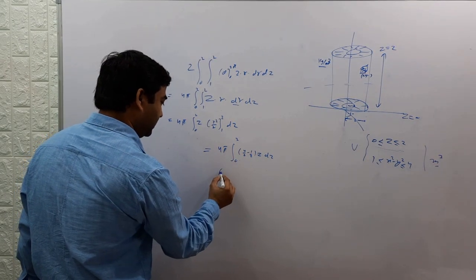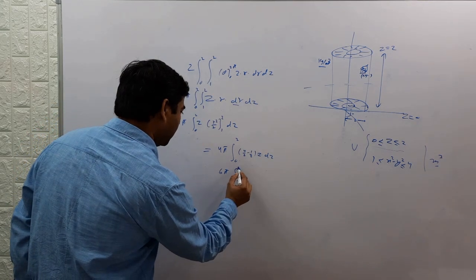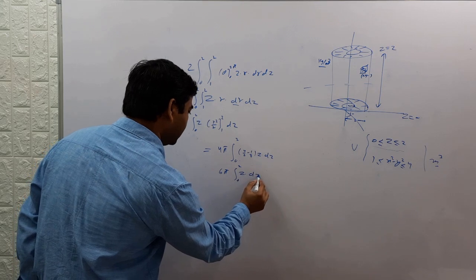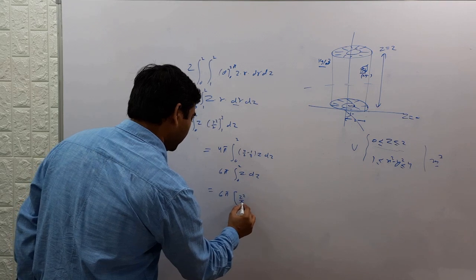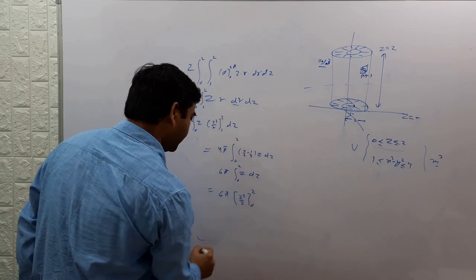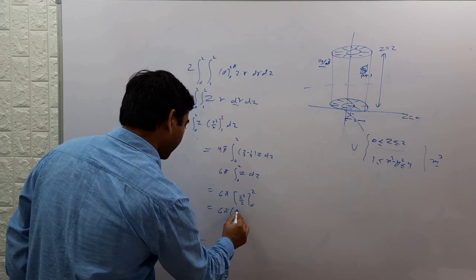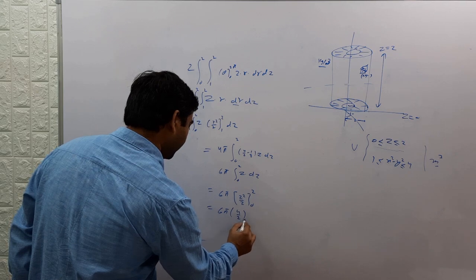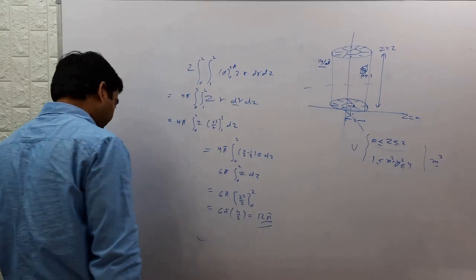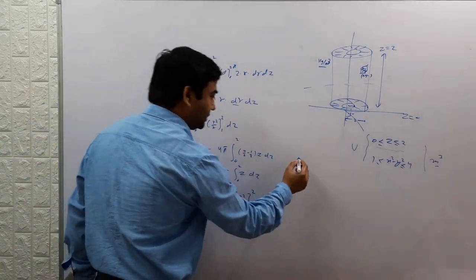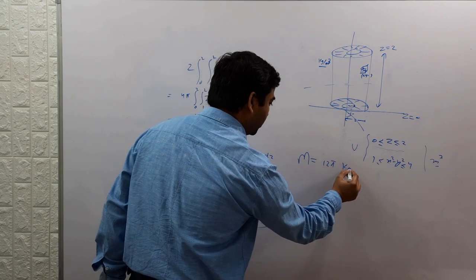So this is 6 pi times the integral from 0 to 2 of z dz, which is 6 pi times z square by 2 from 0 to 2. This is 6 pi times 4 by 2, which is 12 pi. So the total mass of this hollow cylinder is 12 pi kilogram.